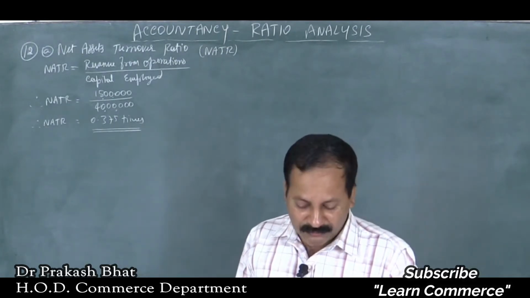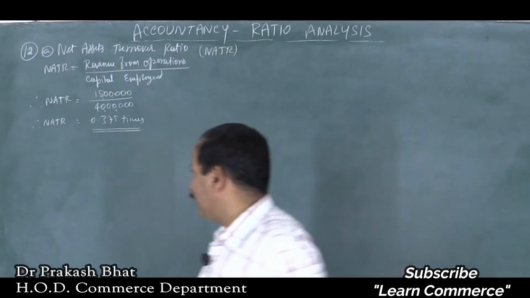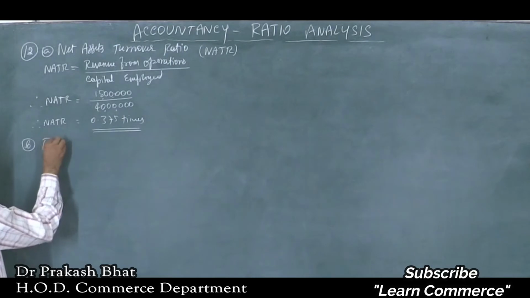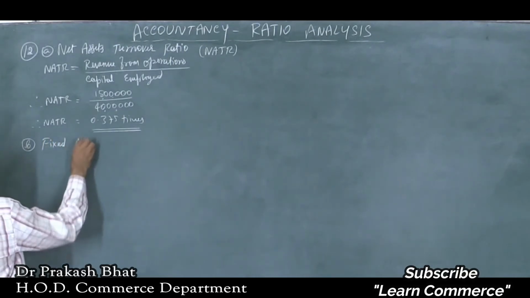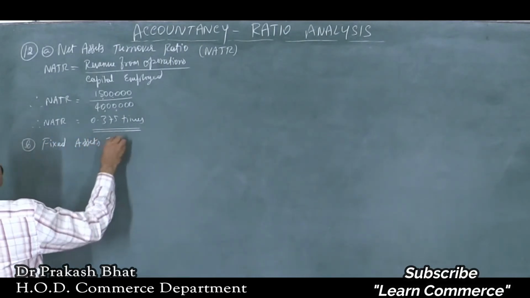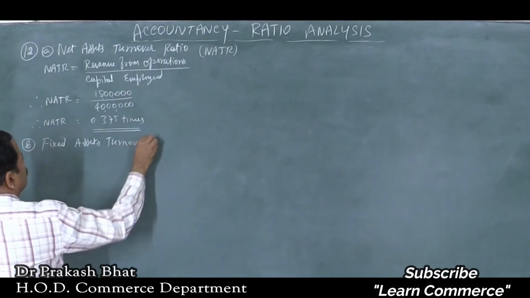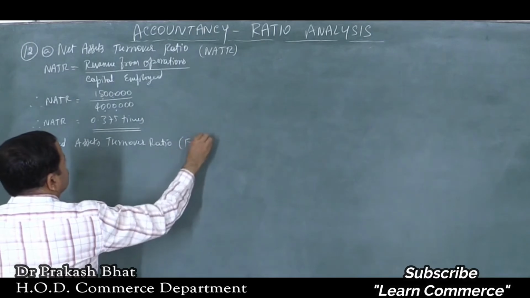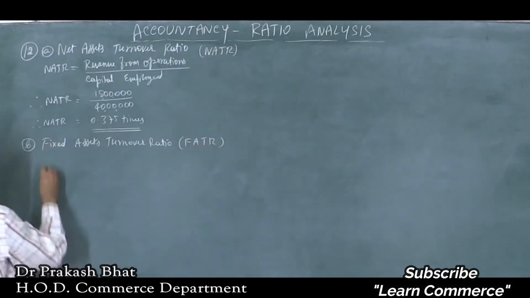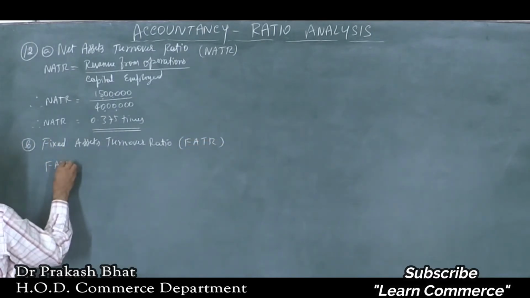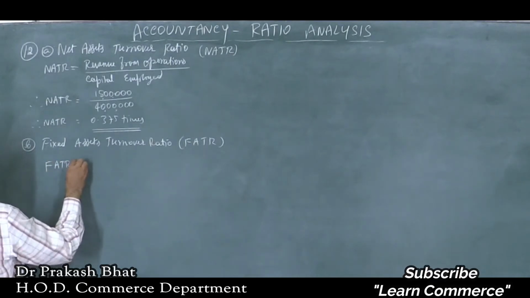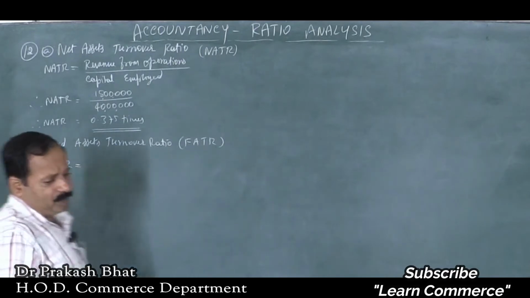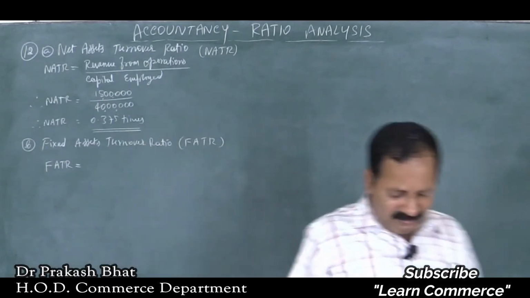Now, let us move on to the second one, that is fixed assets turnover ratio. Point B, fixed assets turnover ratio is equal to net revenue from operations divided by net fixed assets.